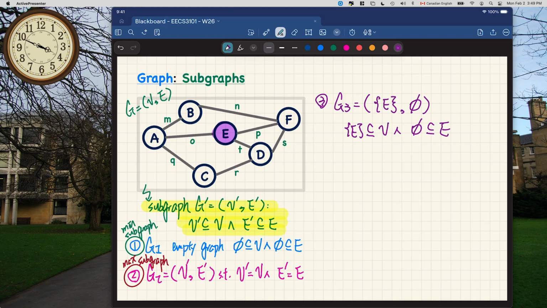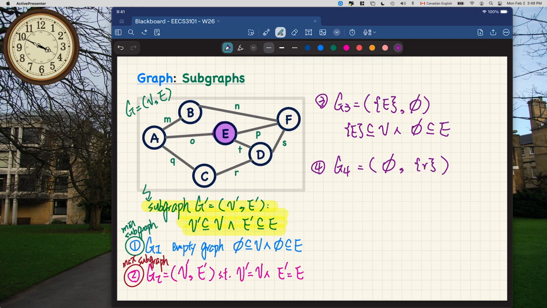Now, question for you. How about this? G4. Is G4 a subgraph? Well, I agree.